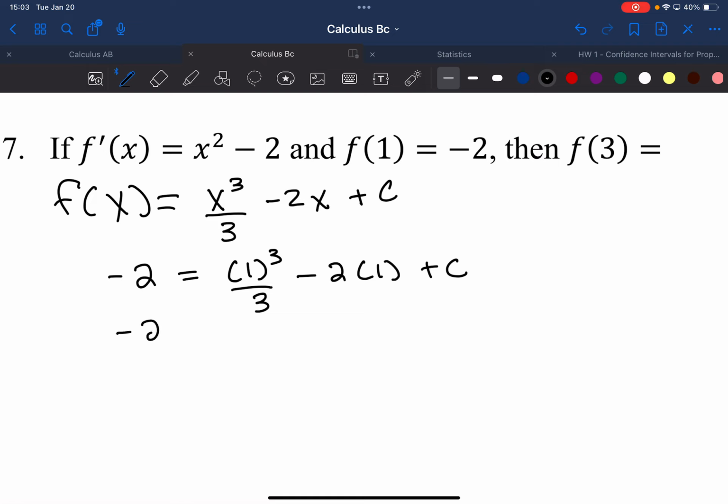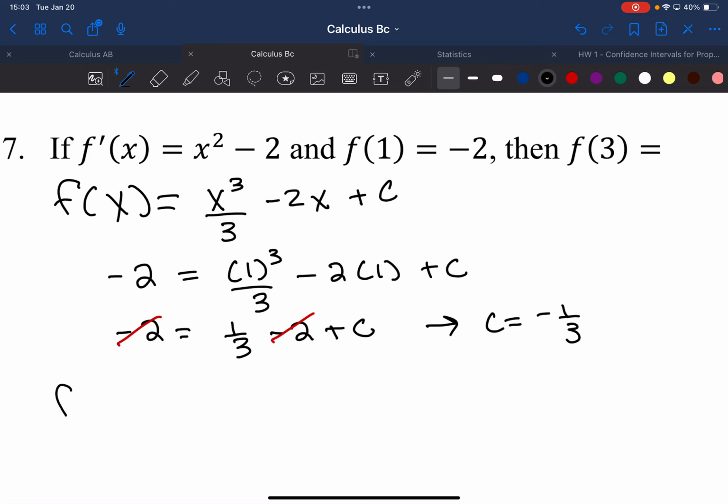So that's negative 2 is equal to 1/3 minus 2 plus c. I could add the 2 to the other side, and what would happen with those 2's? Cancel. And then I'm left with 0 is equal to 1/3 plus c, and what would be my last step to solve for c? Good, so c is equal to negative 1/3.